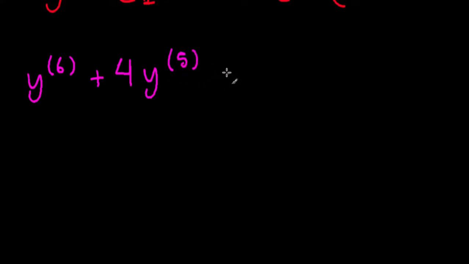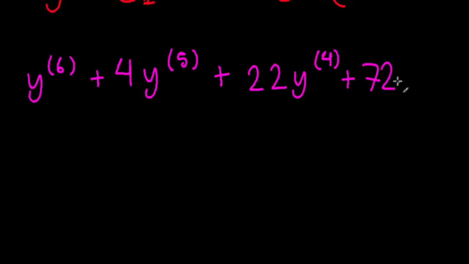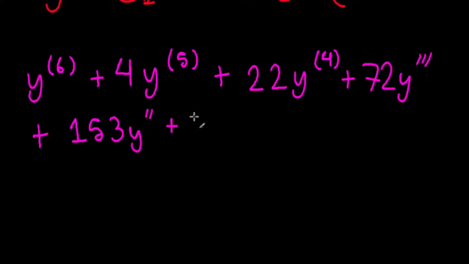Now, y, sixth derivative plus 4 times the fifth derivative plus 22 times the fourth derivative plus 72 times the third derivative plus 153 multiplied by the second derivative plus 324 multiplied by the first derivative plus 324 multiplied by y.